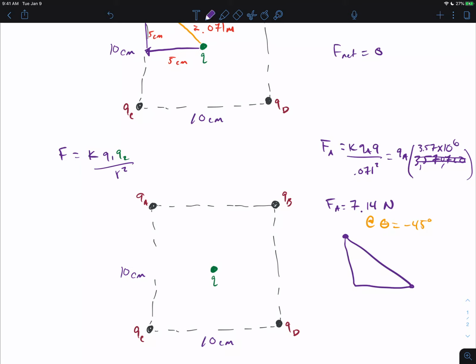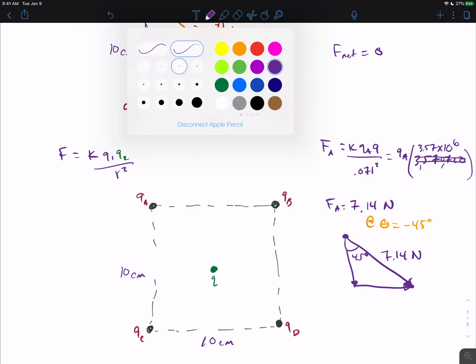This time I'm starting with 7.14 newtons as my hypotenuse, and my angle is 45 degrees. Just keep in mind that it is pointing in this direction. So I'll have something that is negative for the y, pointing down, and positive for x, pointing to the right.